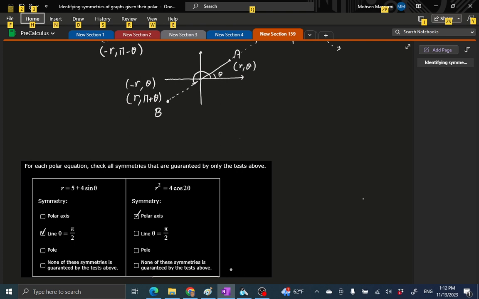And they will be also symmetric with respect to the vertical or y-axis, line theta equal to pi over 2, and they are also symmetric with respect to the pole or with respect to the origin. So all three of these things. So again, if you remember, this had a picture something like this. And this one had a picture something like this.